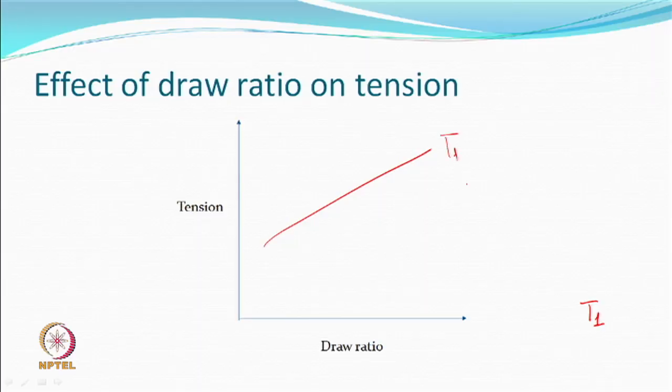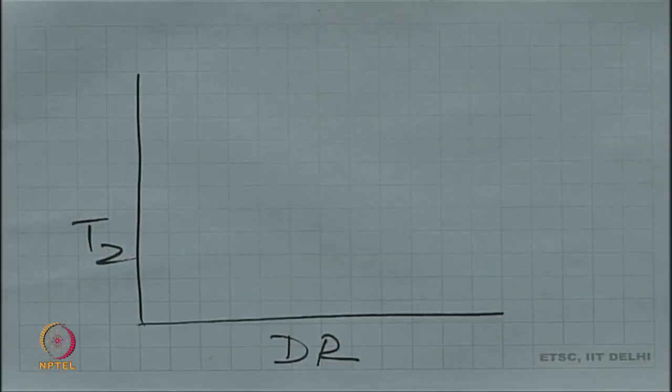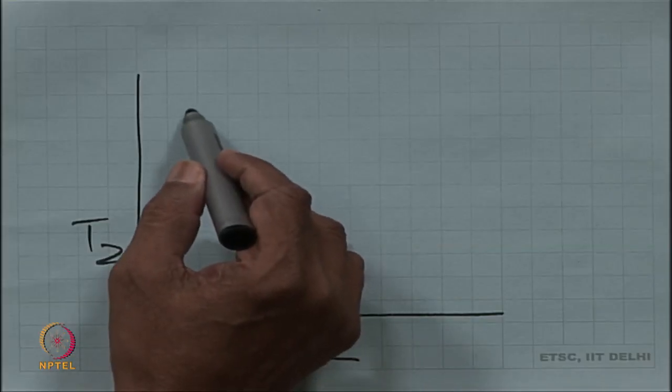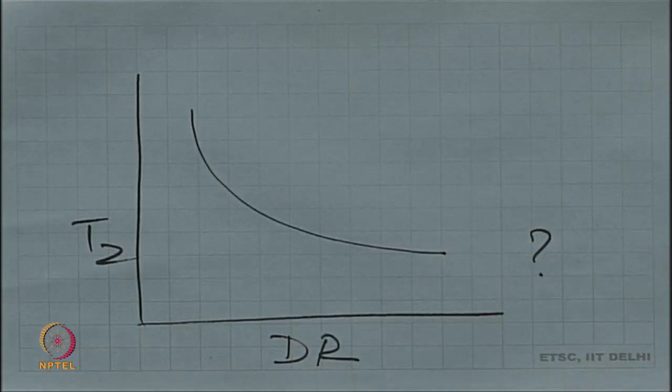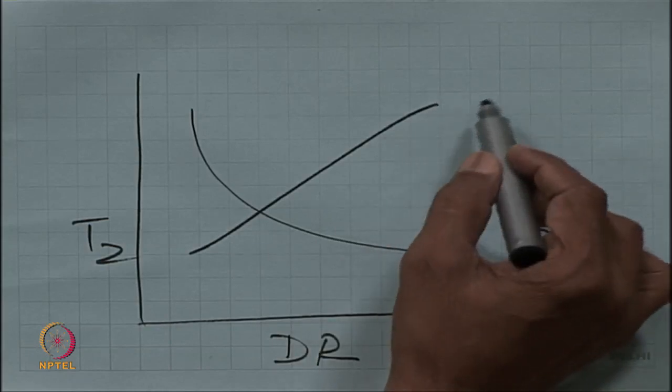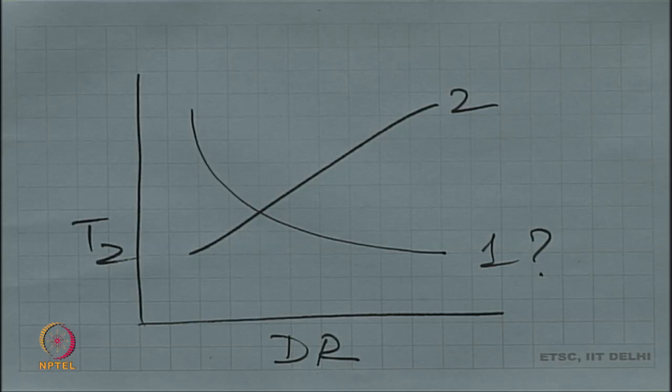T2? T2 will decrease. It is all based on T2, all right. So, T2 would decrease in the same manner? No? Anyone else? It will increase. Increase?